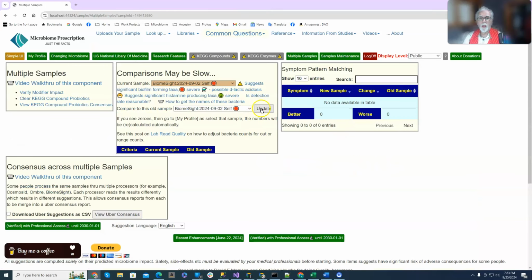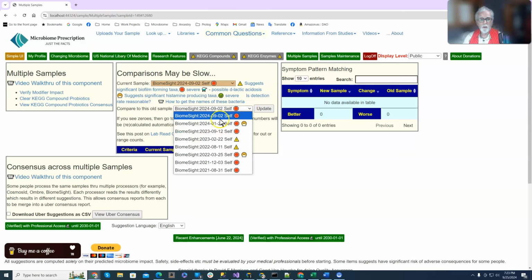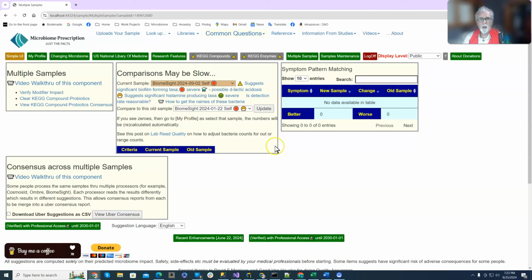And now we have it, and we have his sample there. And now we look for his last prior sample here, and we put it there. And now we have symptom matching as well. The symptom matching looks at these two samples and sees how well the bacteria matching is doing against the symptoms which have been recorded.